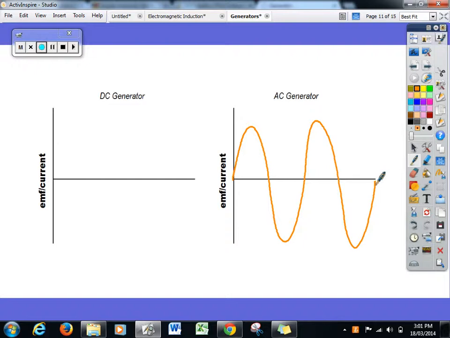Each one of these up and down motions is one revolution of the coil. Okay? So here this is 2 revolutions of the coil. If the coil was spun faster, what would happen to this EMF? What would happen to this shape here if we spin this faster?